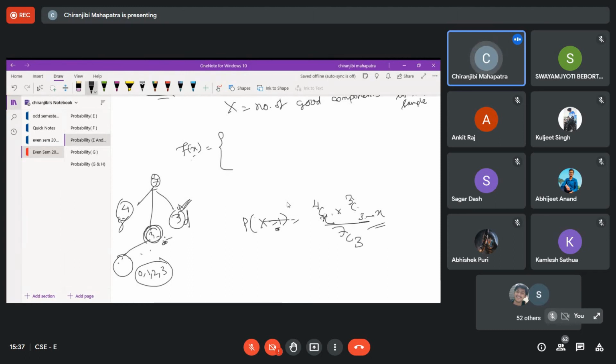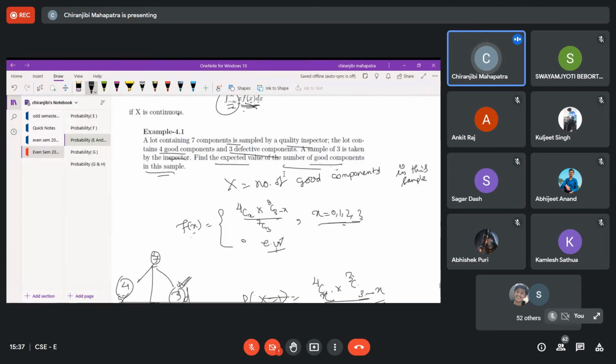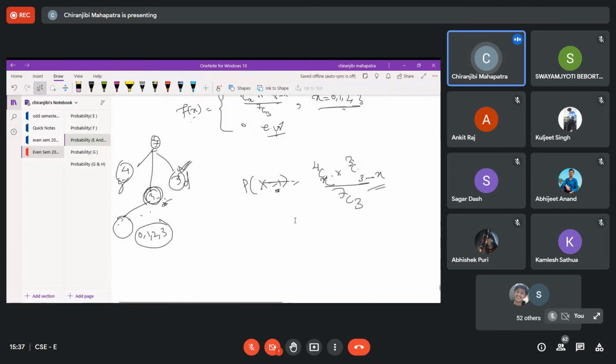So the f(x) here will be equal to 4Cx into 3C(3 minus x) divided by 7C3, where x varies over 0, 1, 2, 3, and 0 elsewhere. Okay. So if f(x) is given to you, then what is the expected value that you have to find out?